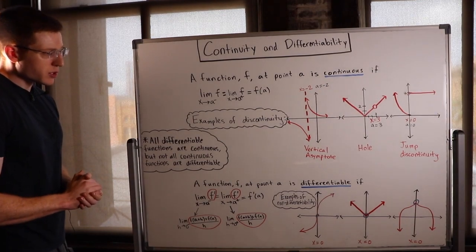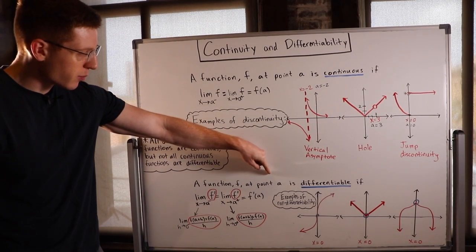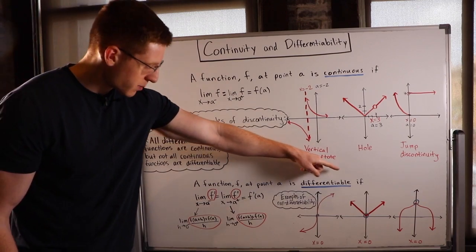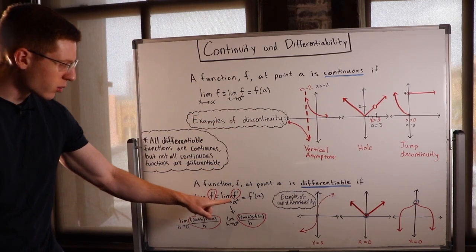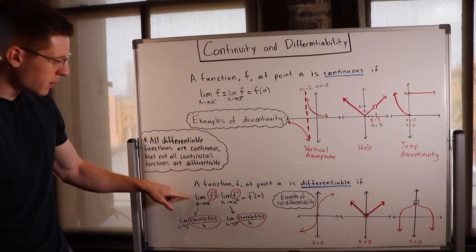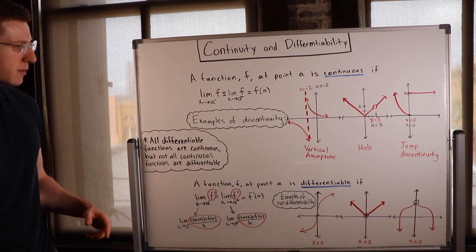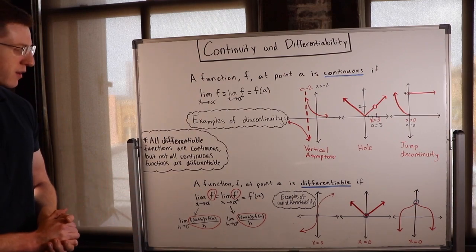Okay, moving on to differentiability. A function f at an arbitrary point a is differentiable if this holds true. This says something very similar to what we set up here, but notice instead of f, I have an f prime. And f prime simply means the derivative function of f.